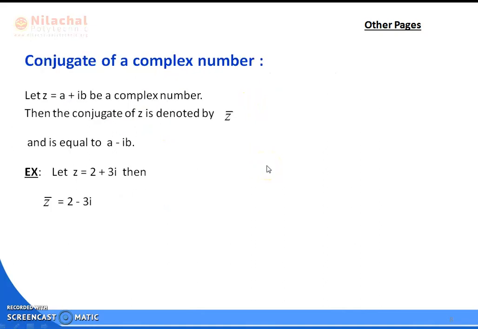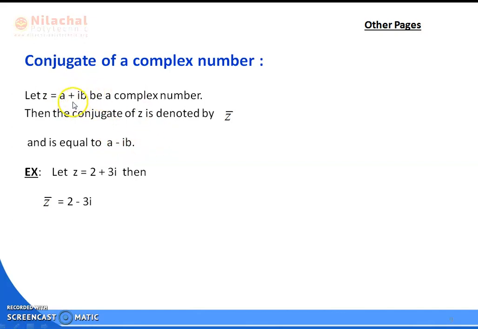Clear? So similarly, next is the conjugate of a complex number. If your complex number Z equals a plus ib, then its conjugate will be denoted as Z bar, and Z bar is equal to a minus ib. That means this sign will be interchanged.